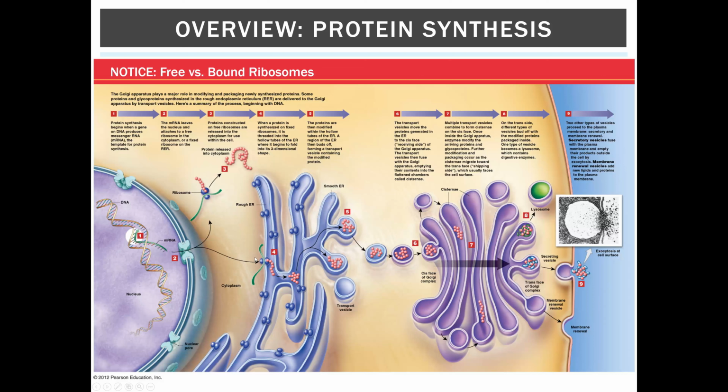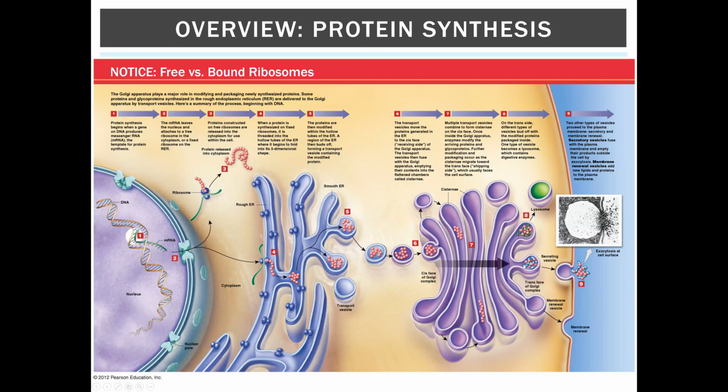And in this case, the protein is inserted into the rough endoplasmic reticulum, where it undergoes further modifications. This is where we might stick a sugar on it to make a glycoprotein. Then the rough ER is going to package it into little vesicles. Those little vesicles are going to travel to the Golgi apparatus. It will then fuse and become part of the Golgi apparatus, where it could undergo further modifications and changes.